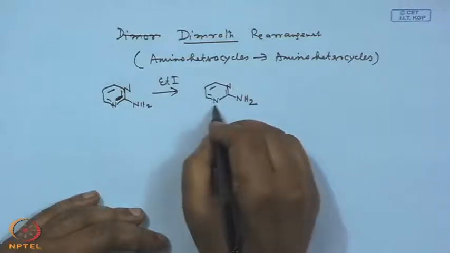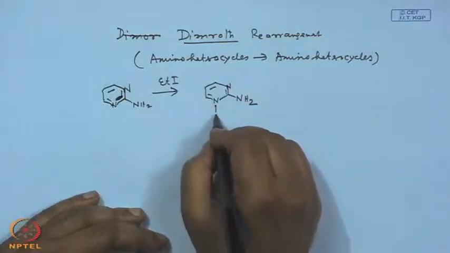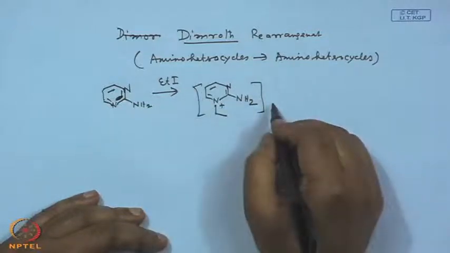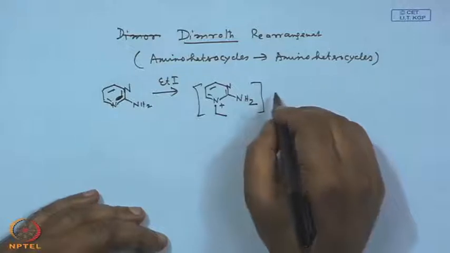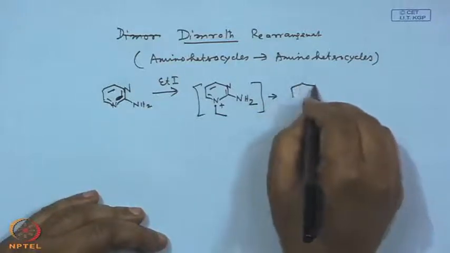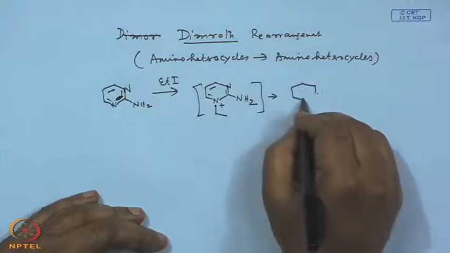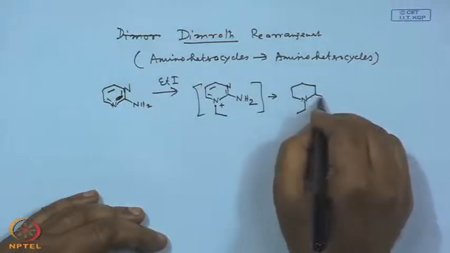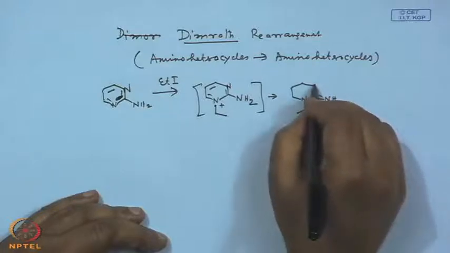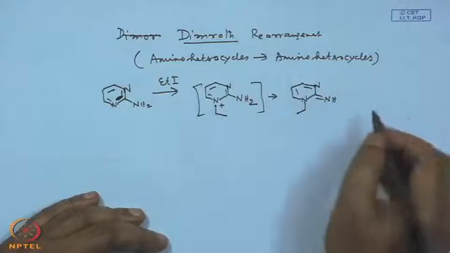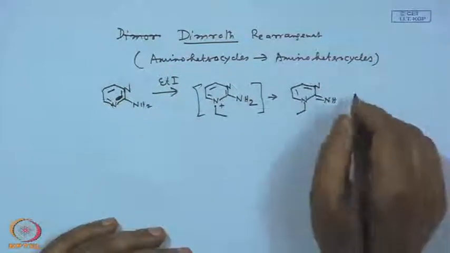Okay. So, this reaction would initially give this N-ethyl derivative, then it tautomerizes to the corresponding imine and this. So, basically this aminopyrimidine.